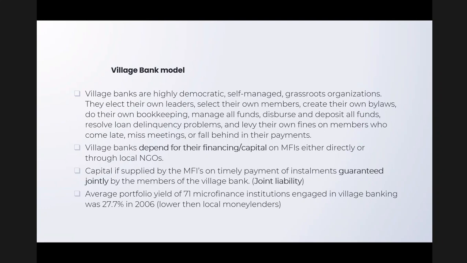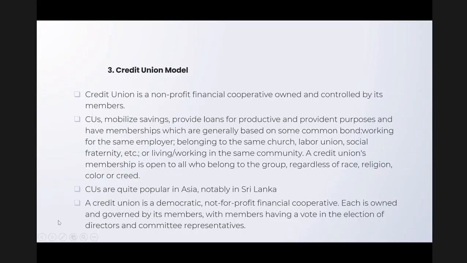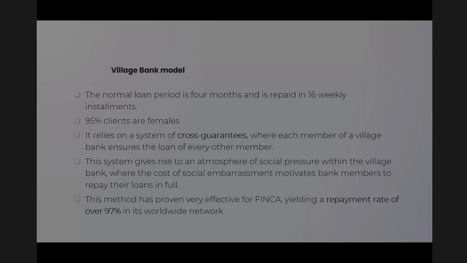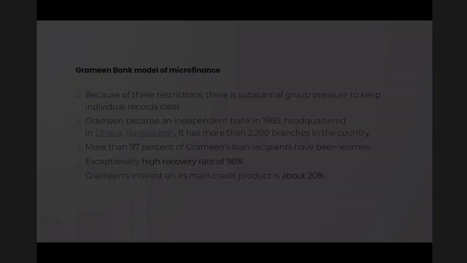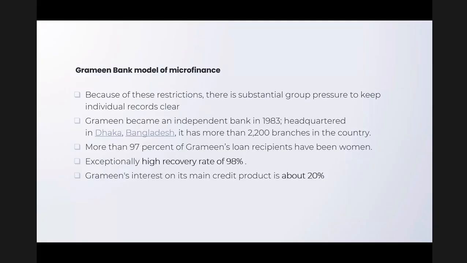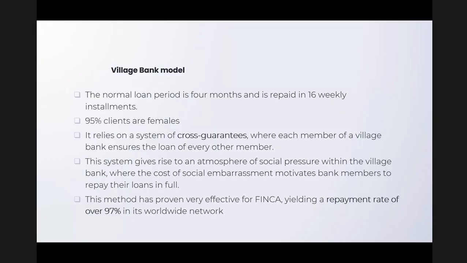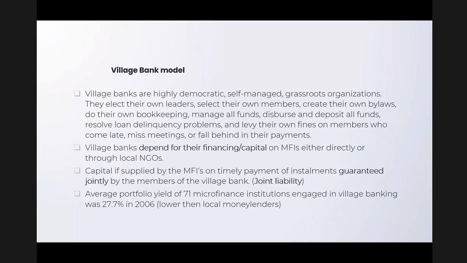But the local money lenders charge even more than this. You might notice here that even in the Grameen bank model, their average rate of interest is 20%, and in the village banking model, their interest rate is around 27.7%.